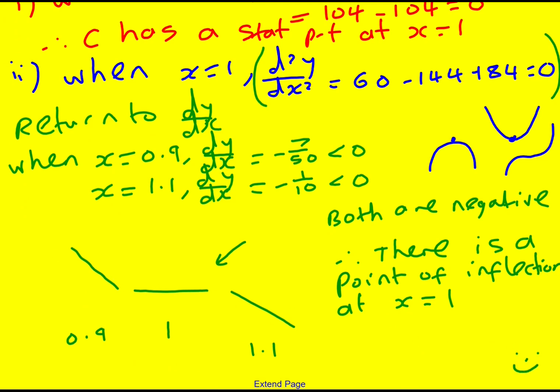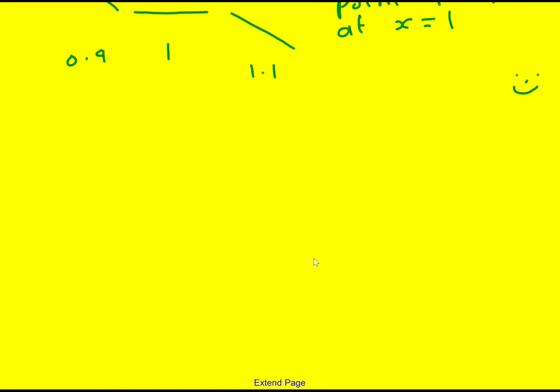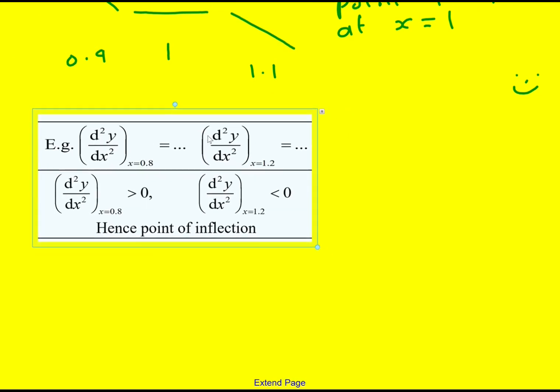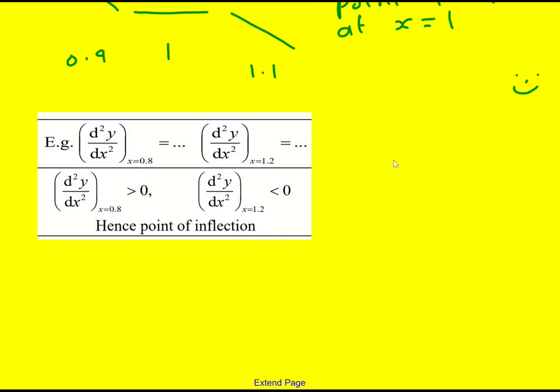Okay, well done. I'm just going to add a little bit onto the end. The mark scheme allows other ways to classify the stationary point. Like I did say, a general point of inflection is where the second derivative changes sign. So you could look at the second derivative either side and show that it's greater than 0 to the left. I went with 0.9, they've gone with 0.8, and less than 0 to the right.